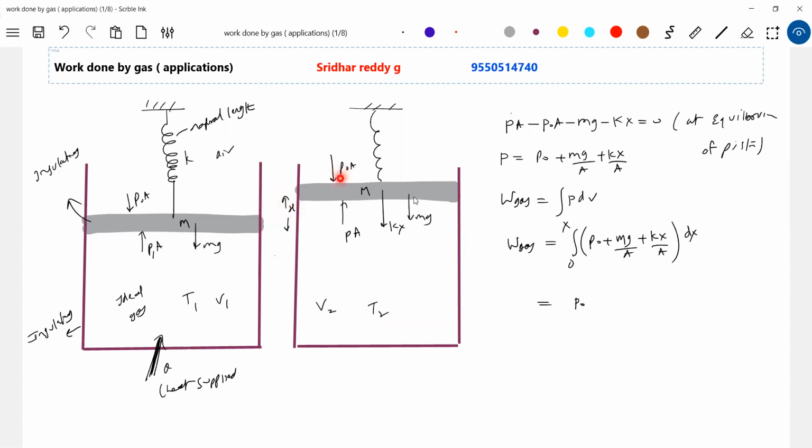Now look at the atmospheric pressure force. It also does work. The weight does work. Spring force also does work. So everything will be P naught x plus mg x plus kx square by 2.